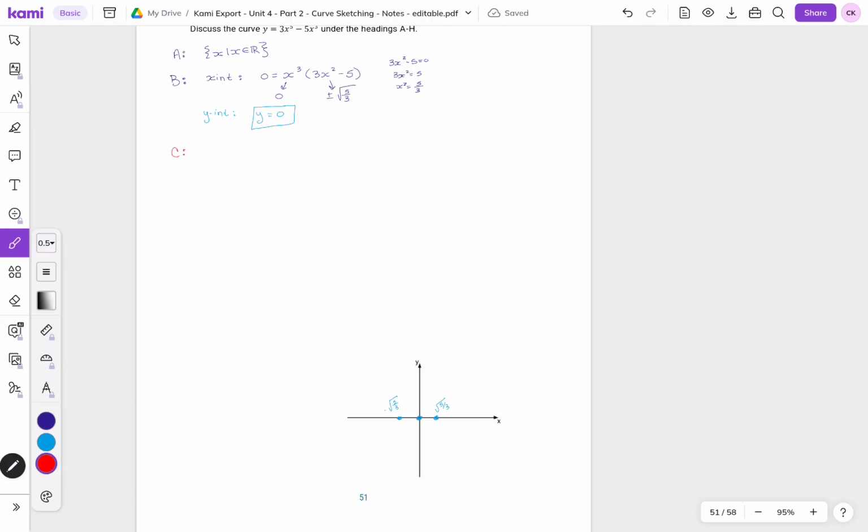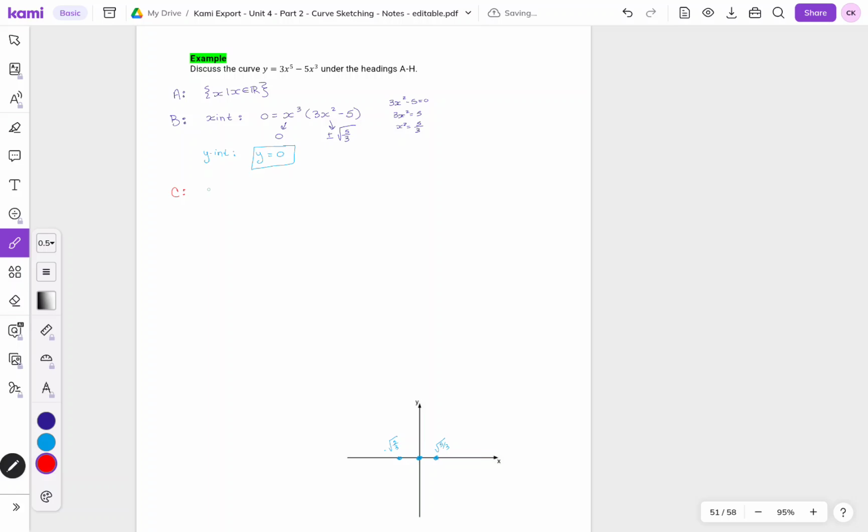C is our symmetry. So we're going to sub in f of negative x.